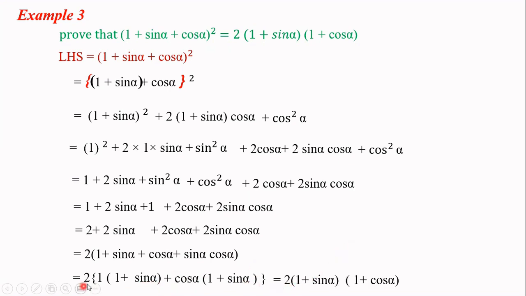So 1 plus sine alpha is taken common, and the leftover portion in the curly bracket is 1 from the first part and cos alpha from the second part. So we have the result here, 2 (1 plus sine alpha)(1 plus cos alpha), which is the right hand side. Hence, the third example is also proved.